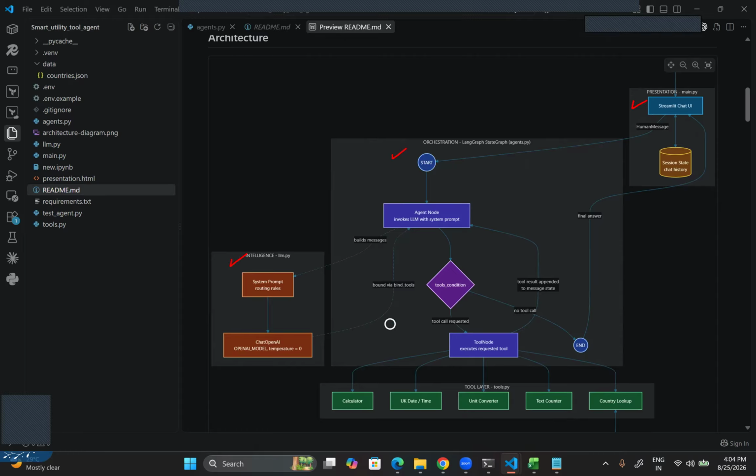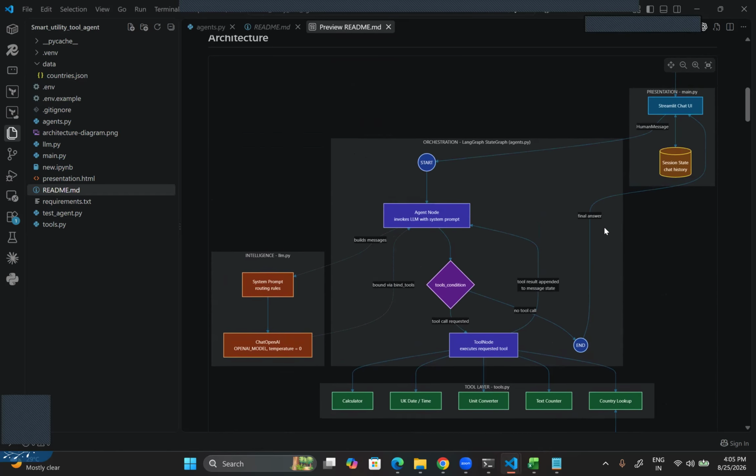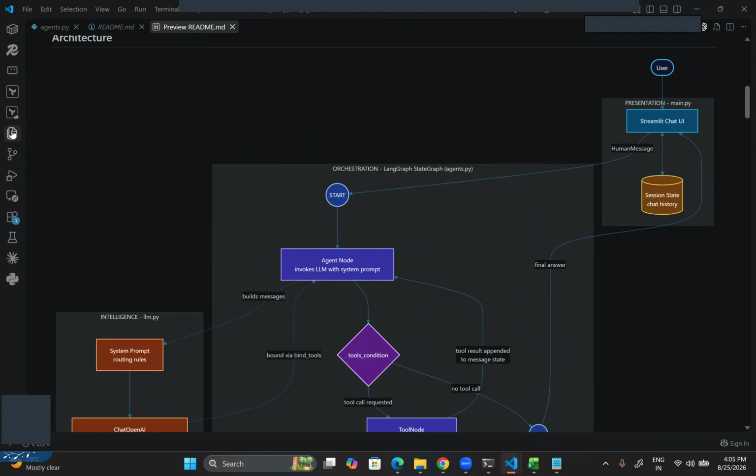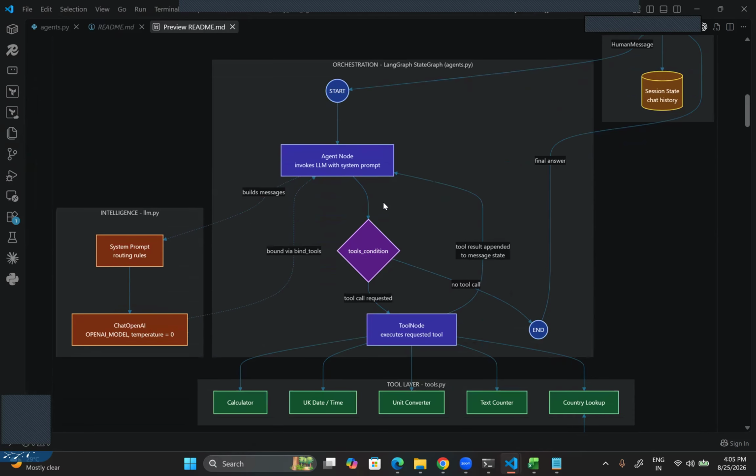That is the LLM. And the tool layer. The 5 tools and the data set. So here's the full picture.